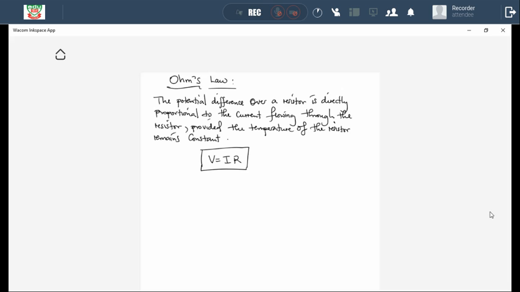So it confirms what we have been talking about, whereby R represents your resistance, and your resistance is measured in ohms, or we just write that symbol, and this is your current, which is measured in ampere, and this is potential difference, and potential difference is measured in volts. So that is Ohm's law that we are going to use for our calculations.